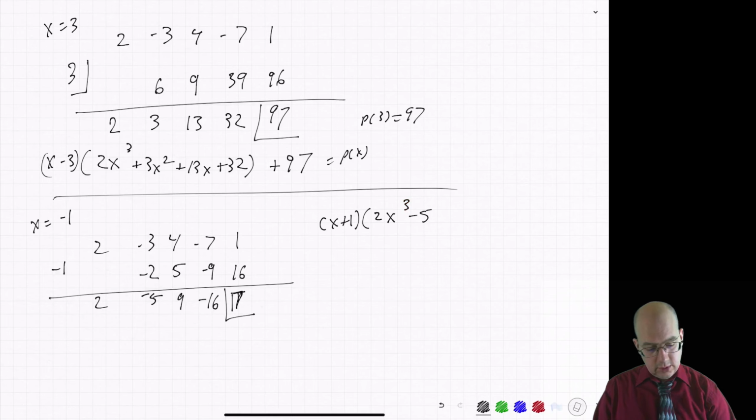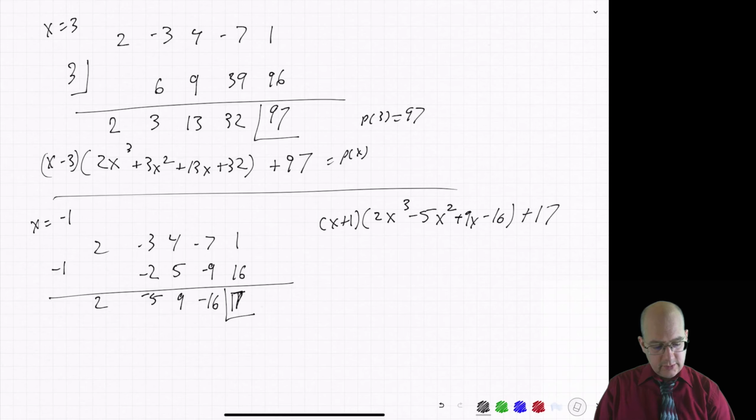2x cubed. Notice that I always have that 2x cubed part in all of these things because that thing just comes down for the ride, right? Again, that's because the factor I'm dividing by has a coefficient of 1 in front of the x, so it's not going to change that leading term. Anyway, minus 5x squared plus 9x minus 16 plus 17.